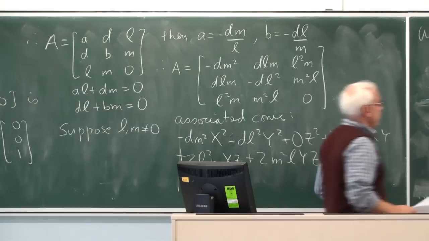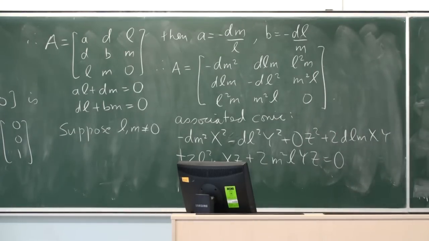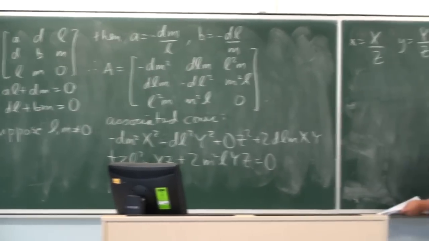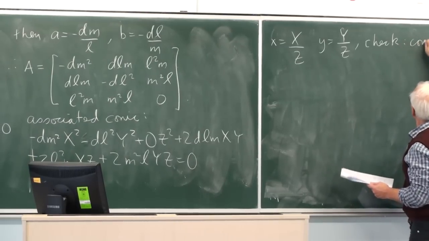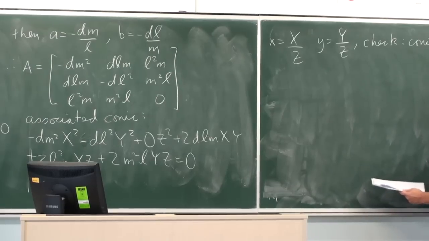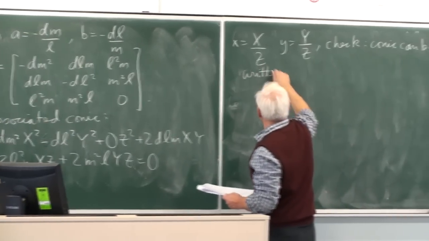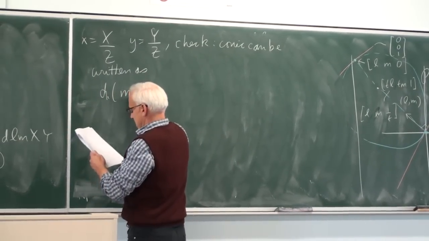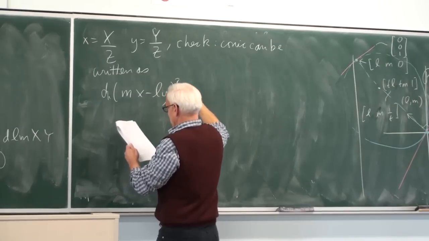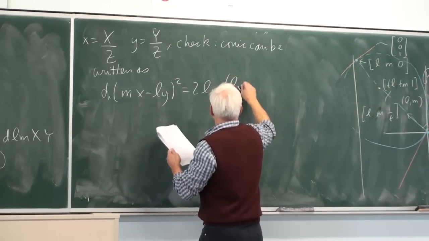And then if you set z equals 1 to get a planar curve, or replace capital X over z with little x and capital Y over z with little y, then you can check that the conic that you get can be written as the equation d times (mx minus ly) squared equals 2lm times (lx plus my).